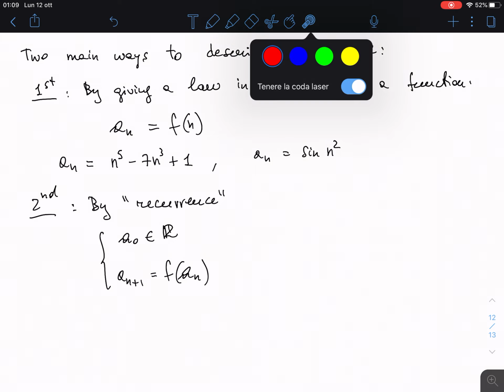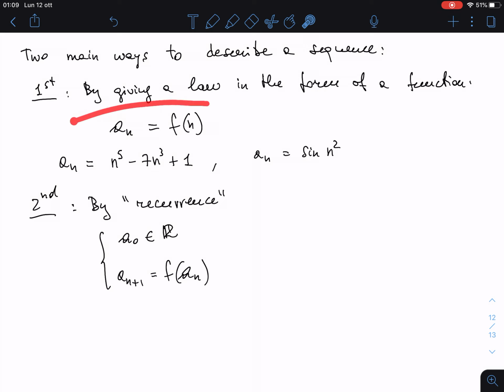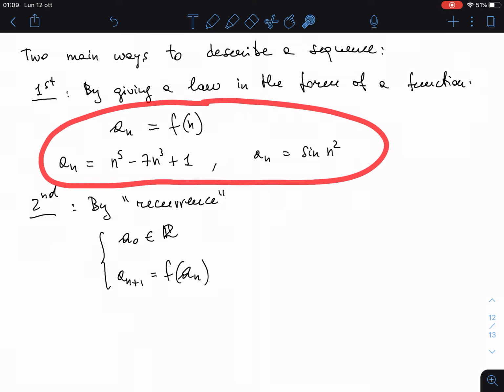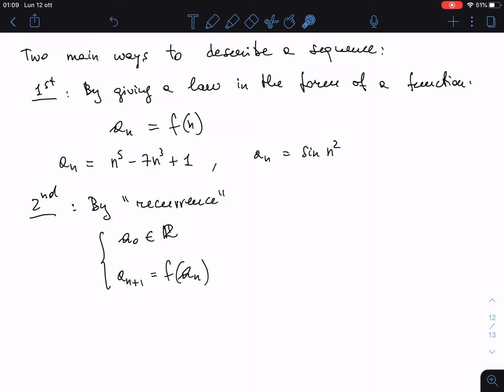We will mainly focus on this first type. I will say something about the second one, which is much more interesting, richer, and also funnier. You have a lot to learn from these sequences by recurrence. And if you want to learn a bit about them, you are suggested to read Chaos by James Gleick.